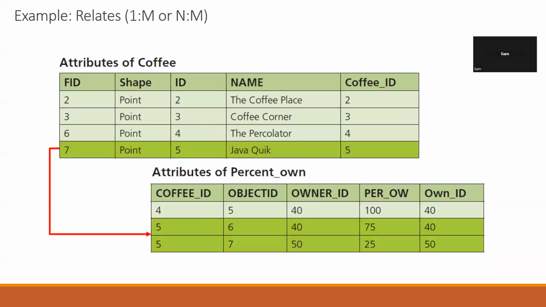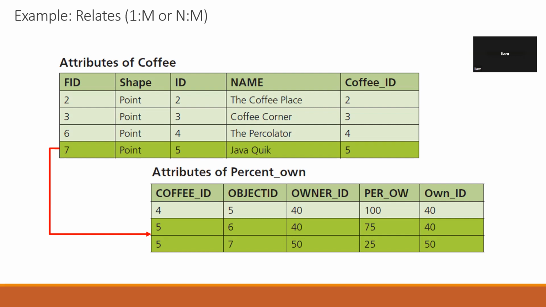But when you add a relate to one table, for example, if you have a coffee table as an origin table, which has the cafe ID and cafe name, and an owner information table that has each cafe ID and each owner of the cafe, if you add a relate to the coffee table, then the two tables still remain separate, right?